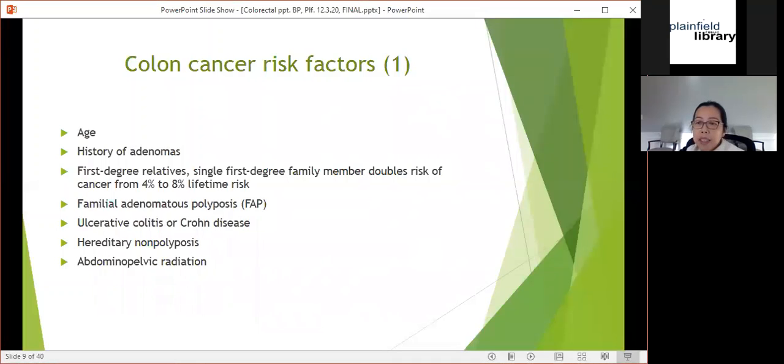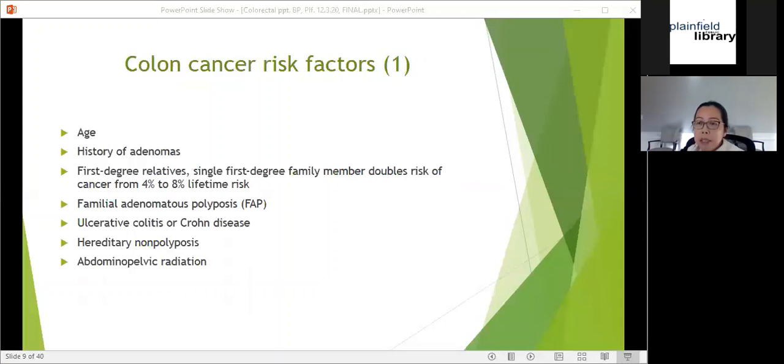So what are the risk factors for colorectal cancer? They include aging, history of adenomas, and family history of colon cancer, especially in first-degree relatives. A single first-degree family member having colon cancer doubles the risk for the rest of the family members, from 4% to 8% lifetime risk.